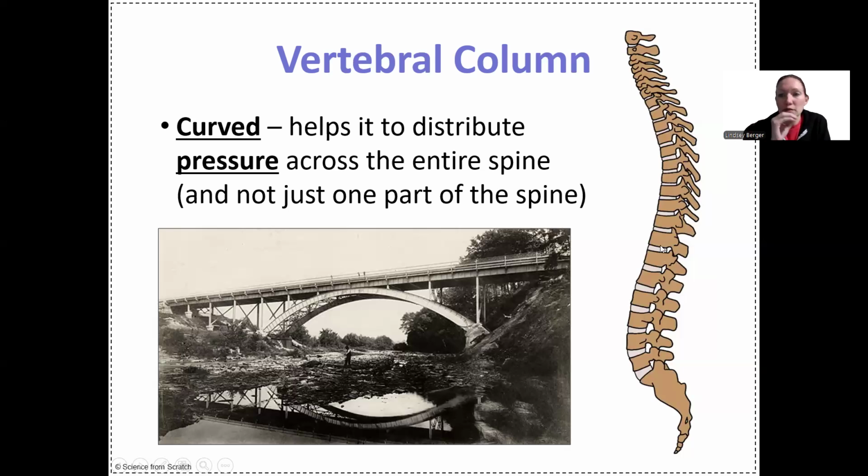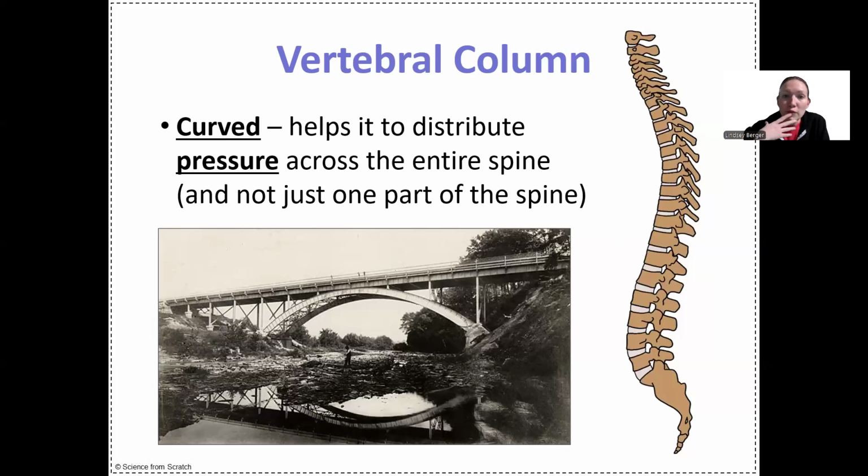It is not going to be able to absorb as much impact and shock as this nice curved structure here. You would be at greater risk for injury and health concerns, and probably a lower quality of life overall if you didn't have this nice curve. So you can see it's distributing the pressure. And here's an example in real life for engineering. We use this as well when designing bridges, when designing different components to housing.